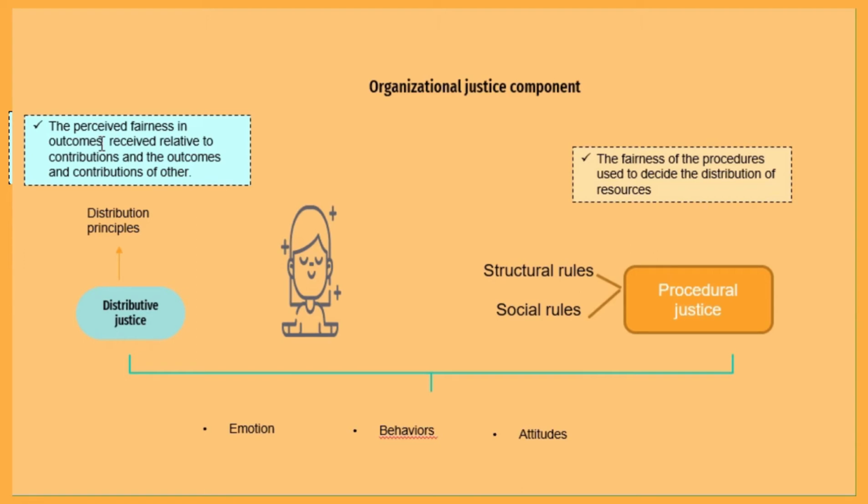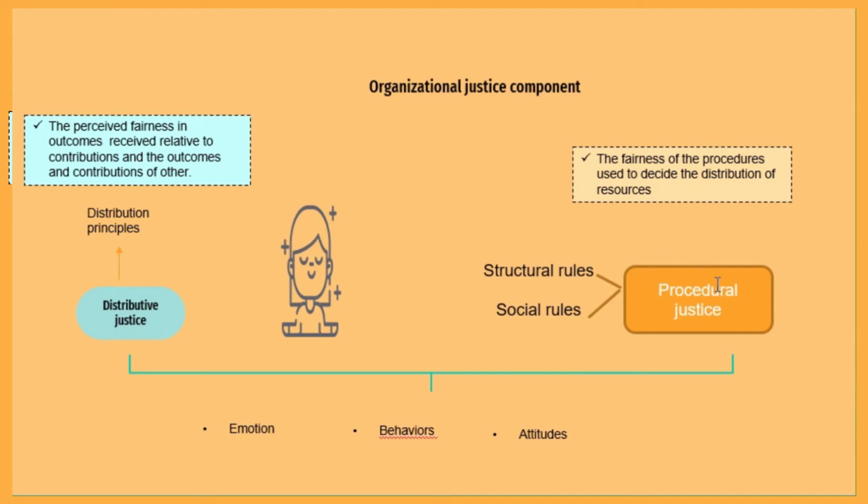So we can see here that distributive justice doesn't exist in that organization because there is no fairness, for instance. So here is our perception of fairness in the outcomes received.